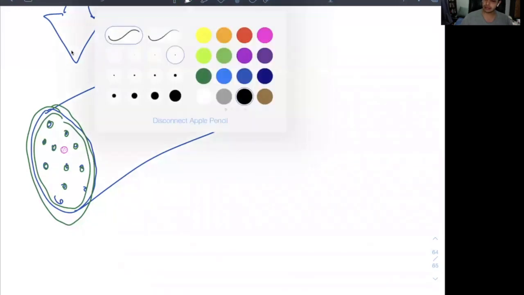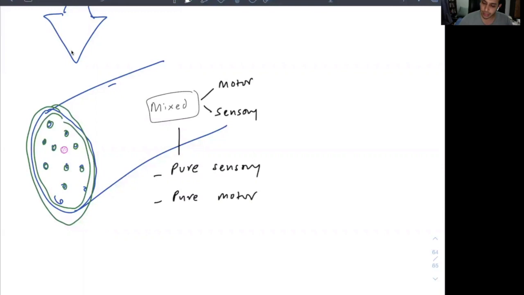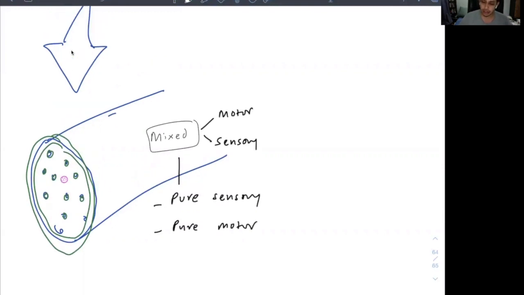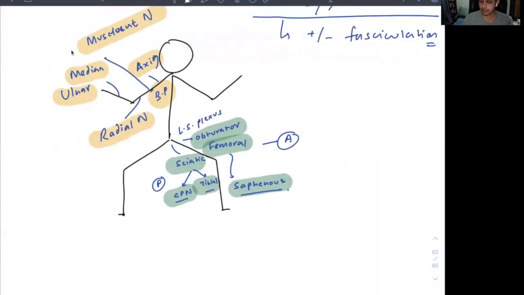And by mixed, we mean that they contain both motor and sensory. I say most. There are some pure sensory nerves and there are some pure motor nerves. We're not going to go into detail of that, but in general, most of the limb nerves, all the nerves that we just discussed here are mixed nerves.